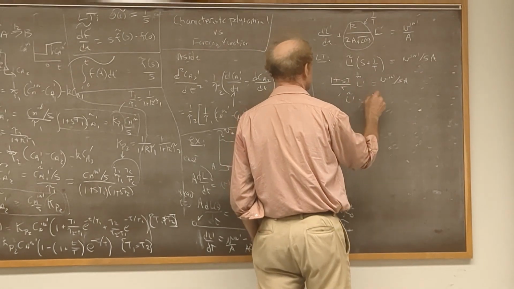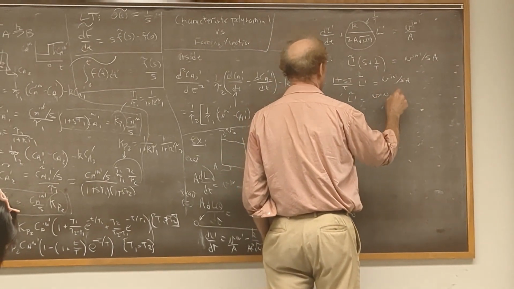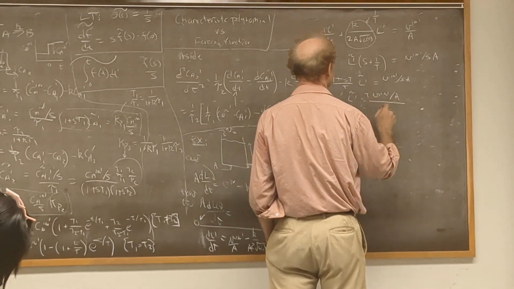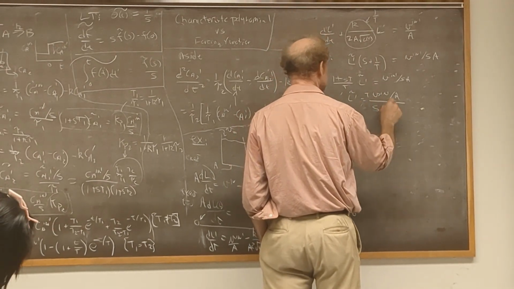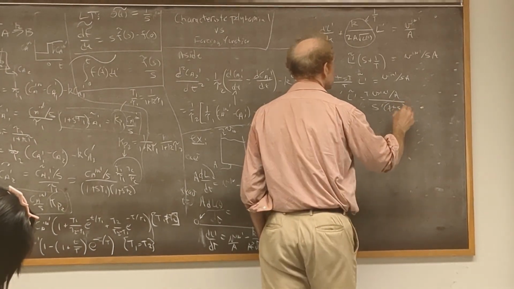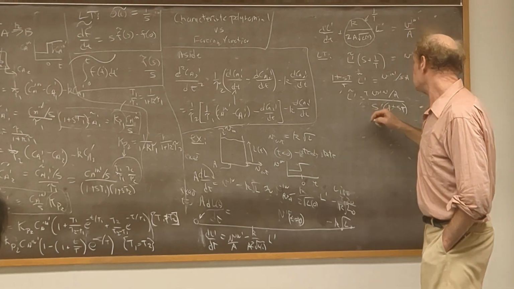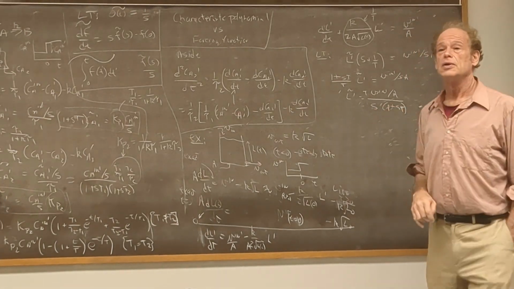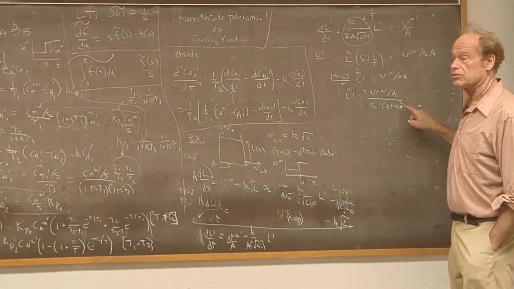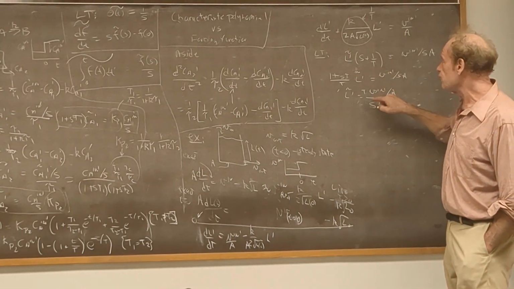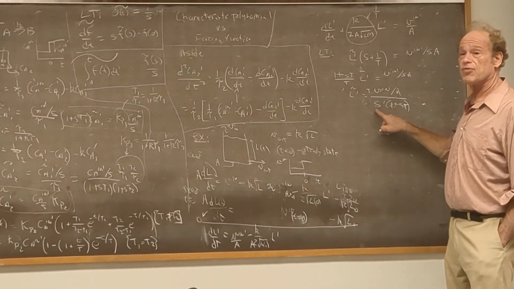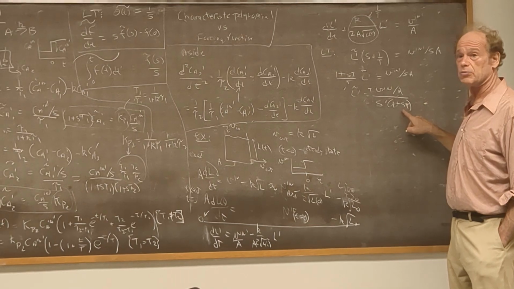I have L prime tilde is V in prime over A times t divided by s times 1 plus st. Now notice I have an s and a 1 plus st here. The 1 plus st comes from the system, it's the characteristic polynomial. The 1 over s comes from the forcing function, because V in was a step function.